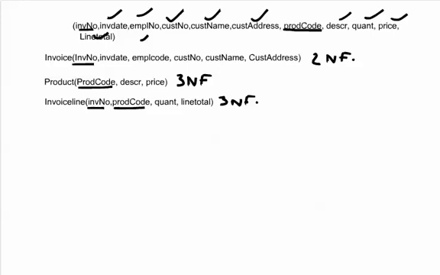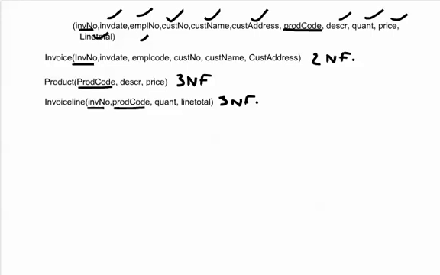Quickly, we said there are still transitive dependencies. A transitive dependency means that an attribute is actually not dependent on the key. The key can tell you something about the other attribute, but it's not dependent on that attribute.